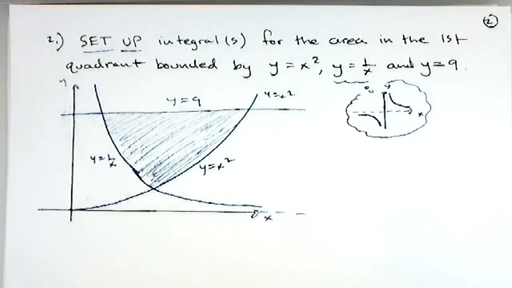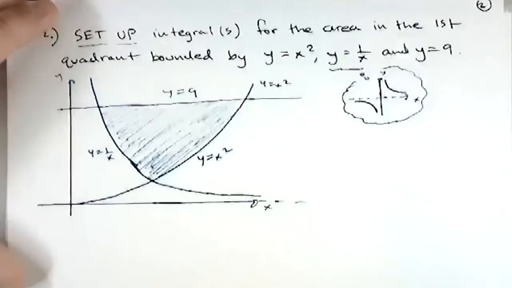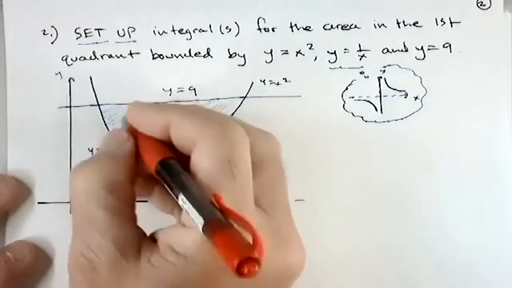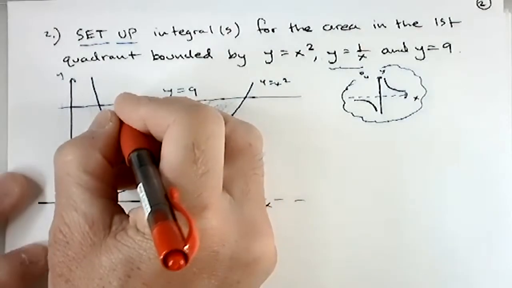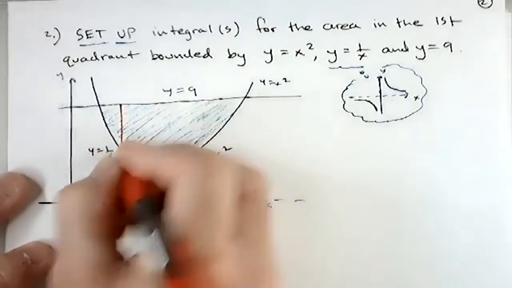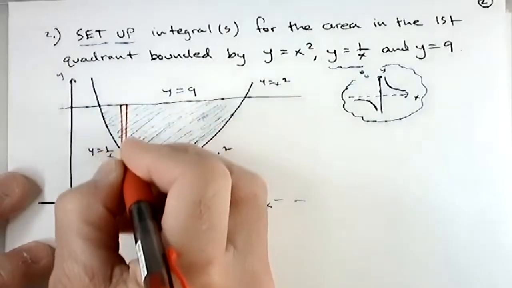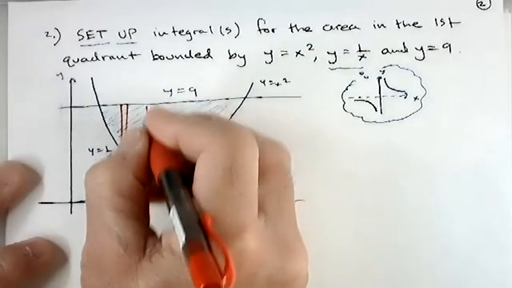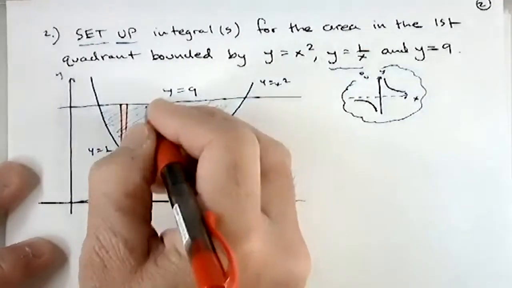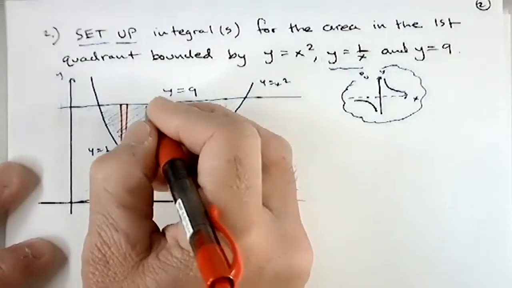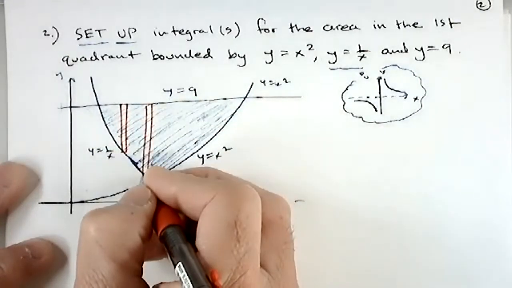Now that we know the region, we can imagine filling this region up with a bunch of rectangles. And what I'm going to do is show you a couple of ways. You've kind of seen this. If I stick with my previous strategy, which was to fill this up with a bunch of rectangles, what I want to be thinking about when I set up this integral, as we saw, is the height of any one of those rectangles: top function minus bottom function.